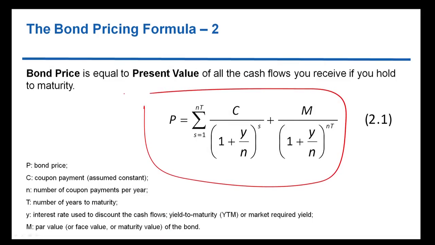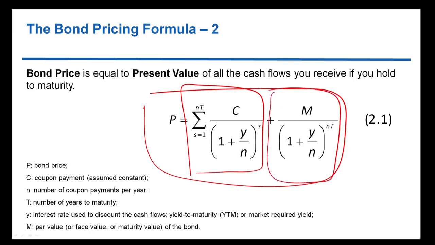Okay, so in the bond pricing formula, we are going to have two components. The first component is the sum of the discounted coupons, right? And the second component is the principal amount discounted back to present. What do we notice here? P is the bond price, C is the coupon payment, n is the number of coupon payments that we receive in each year when we hold the bond.